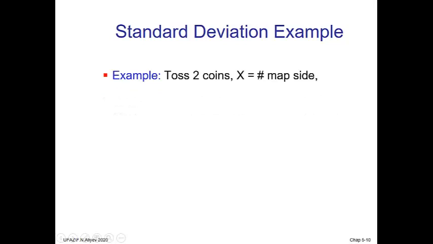Let's consider an example for standard deviation. Suppose that our random experiment is tossing 2 coins. X, as in the previous example, represents the number of heads that come up. Compute the standard deviation, and we know already that the expected value for this is equal to 1.